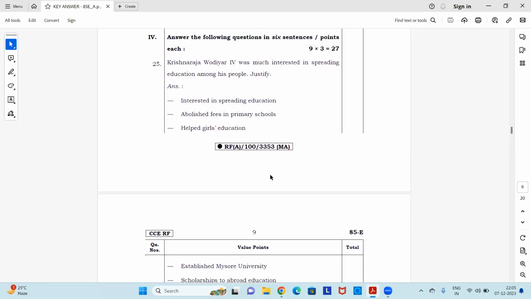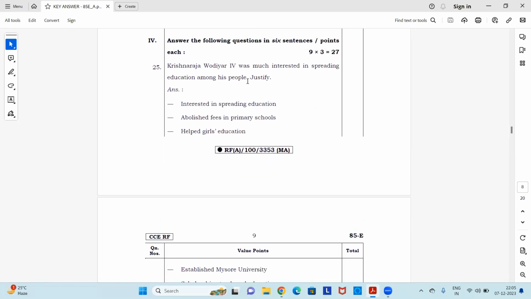Now let's go to a more lengthier one where you have to answer the questions in 6 sentences or points each, because it carries 3 mark. Okay, so 6 sentences will give you 3 mark, half mark each for each sentence. So let's see the question. Krishnaraja Wadiyar IV was much interested in spreading education among his people.